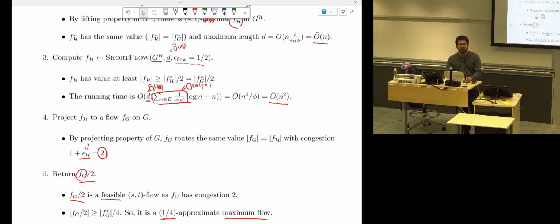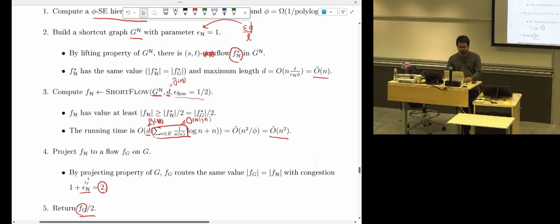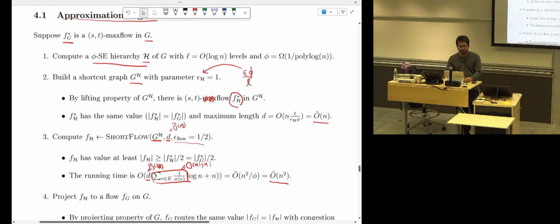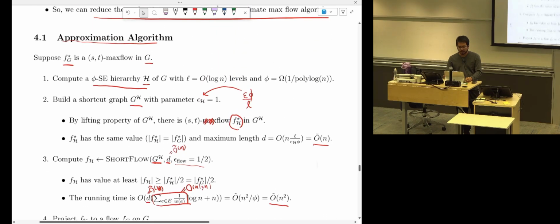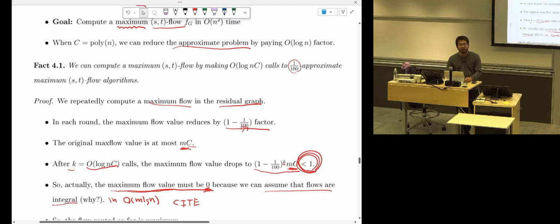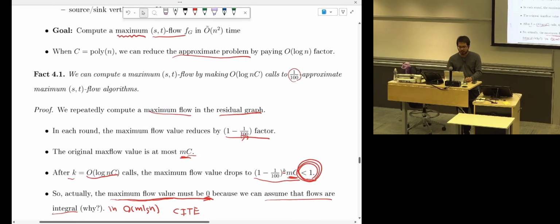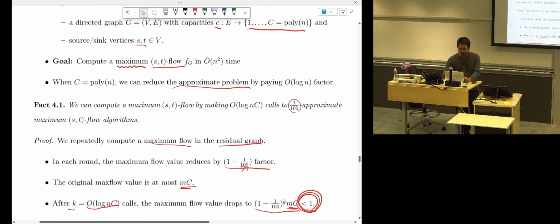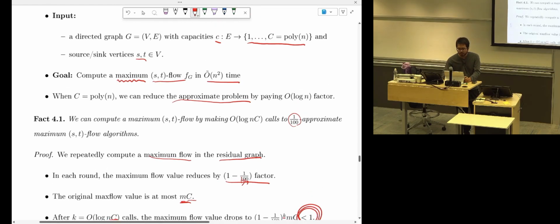Good. More questions? What happens if C is not poly n? What do we do? Then this doesn't work. Most of the time people write the running time as n squared log C, to be more precise.